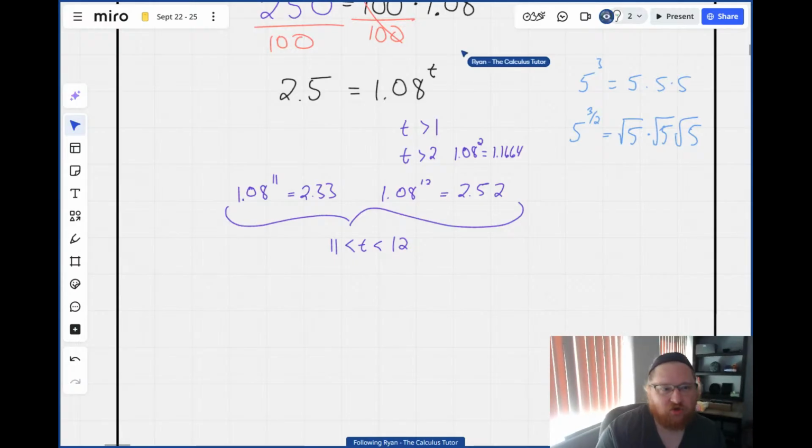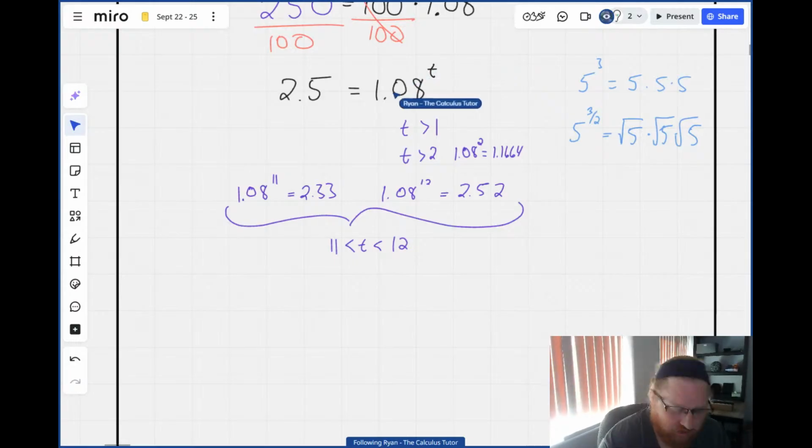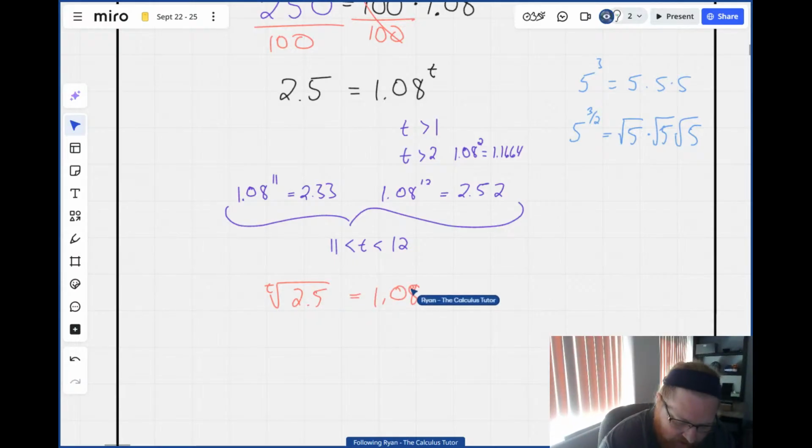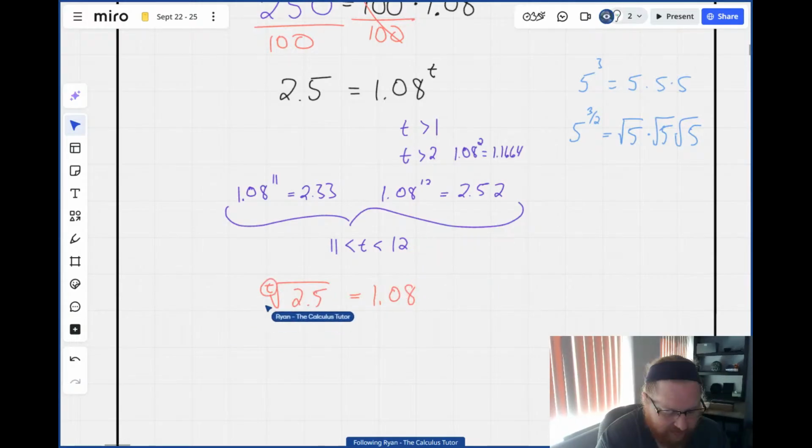There's a way with just exponents and roots to cancel stuff, but not here. We don't know what t is, so we'd have to take a t-th root, and if we did that, we just end up with the t-th root of 2.5 equals 1.08, right? We took the t from being up here in the exponent to now the index position of the root. I don't think it's going to be easier to solve for t there.